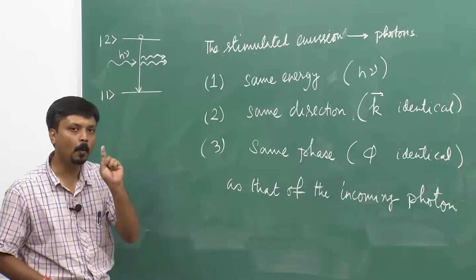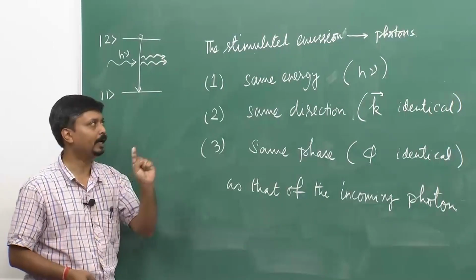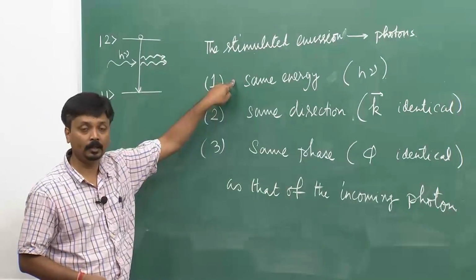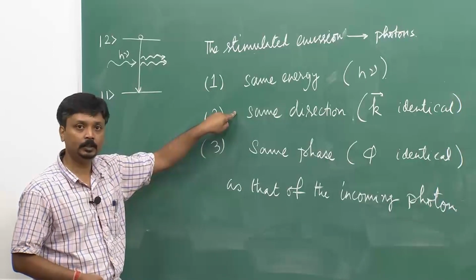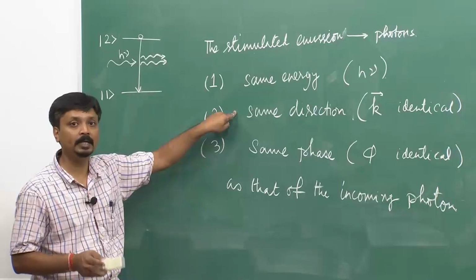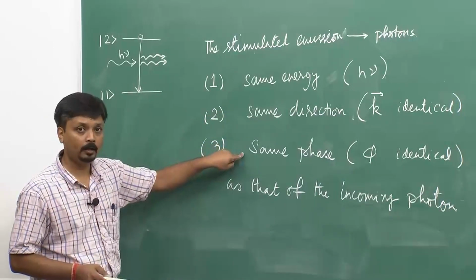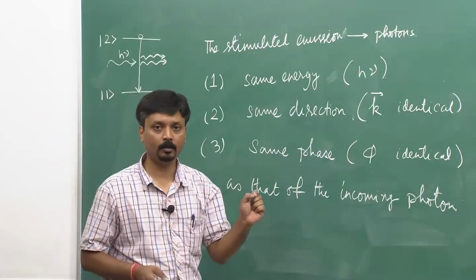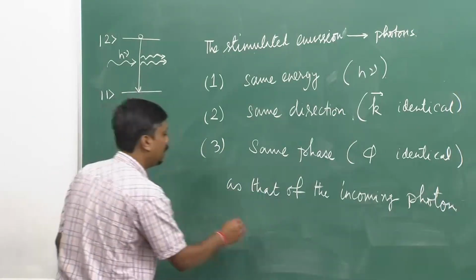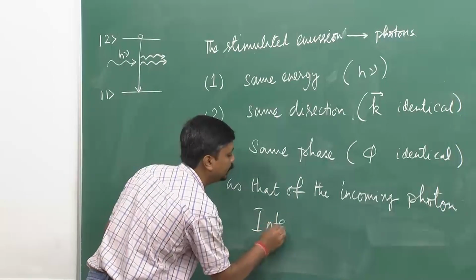So, there will be only one frequency of light coming out, that means they will be monochromatic. They will have the same direction, so they will have directionality, they will act as a beam and they will be coherent. So, this is a wonderful thing, right.